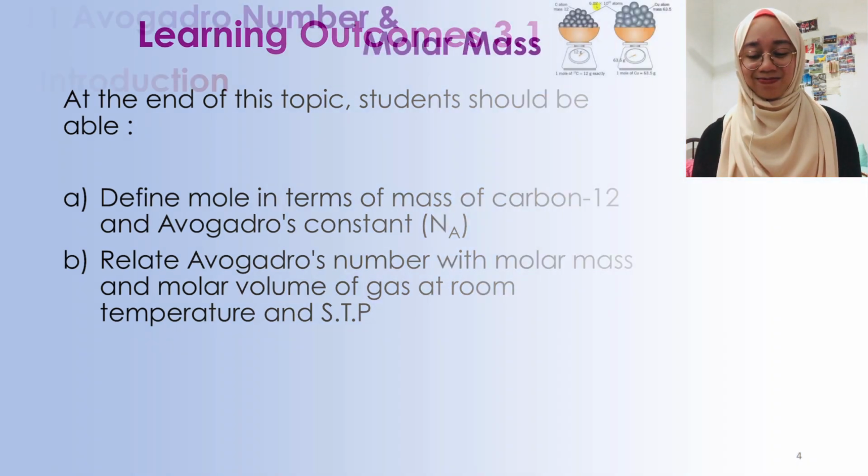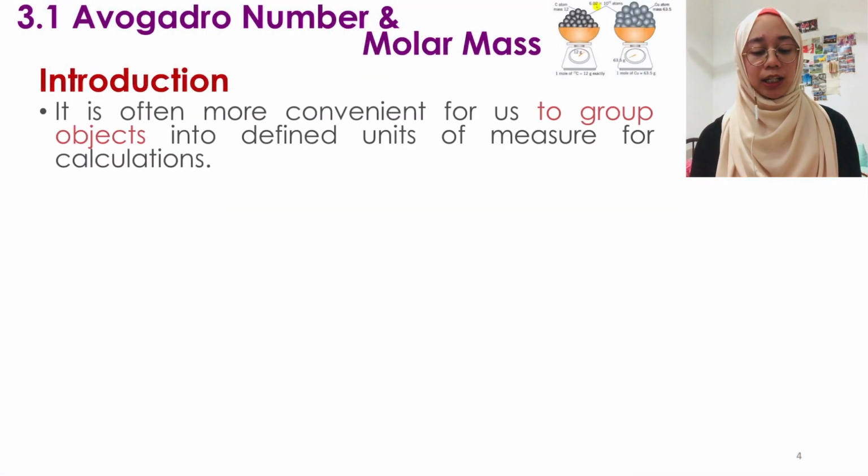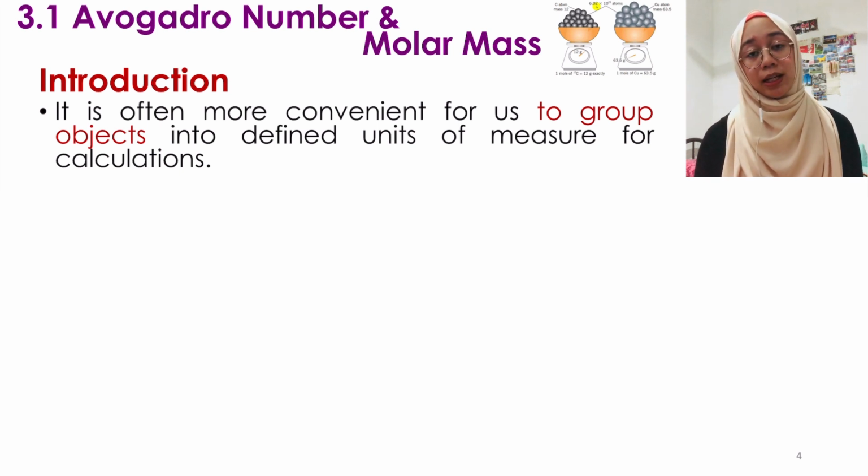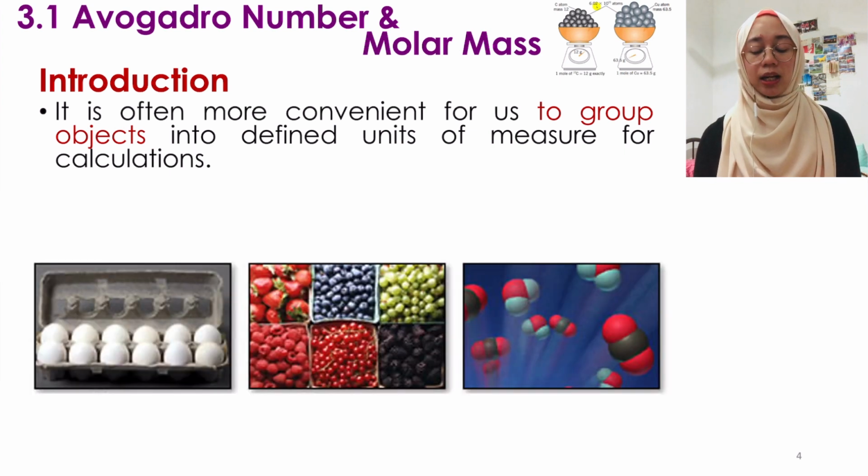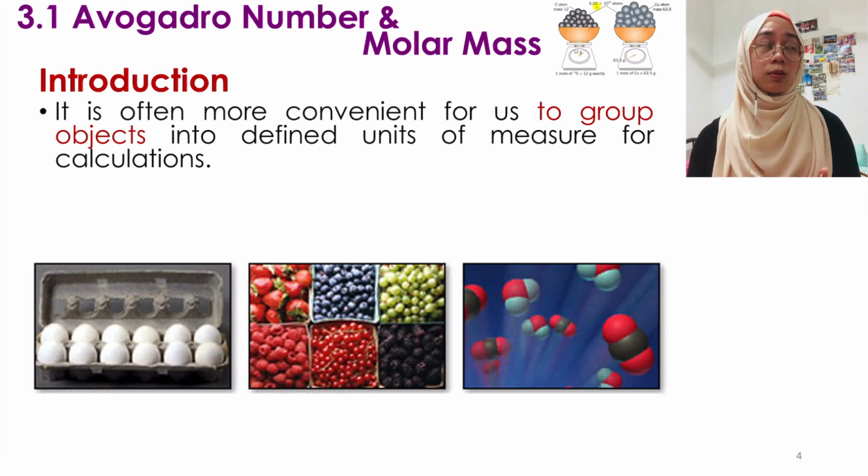So as an introduction, it is more convenient for us to group objects into defined units of measure for calculation. Kalau tengok gambar kat sini, we have a crate of eggs, tapi yang ni sebenarnya kita panggil sebagai a dozen of eggs kan. So a dozen of eggs bermaksud ada 12 biji telur.